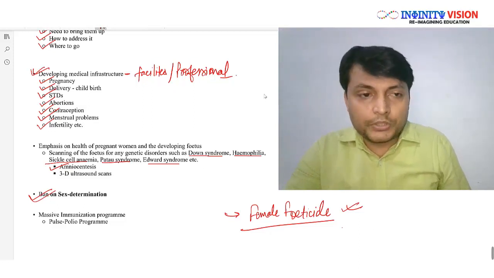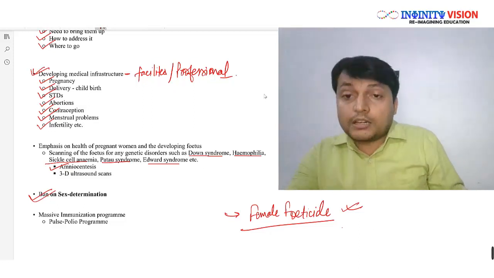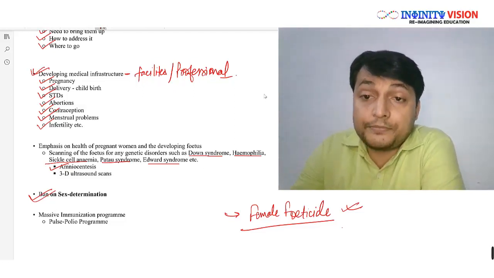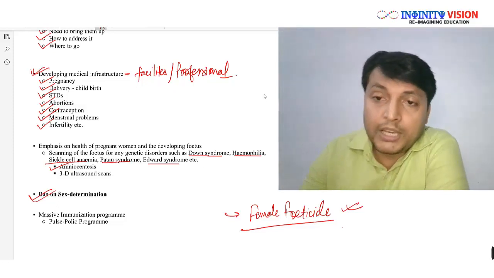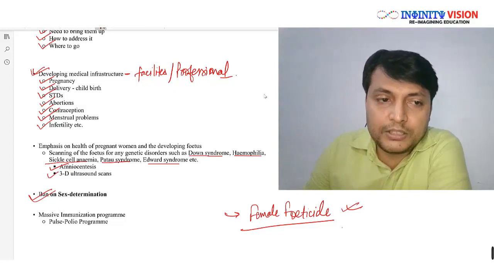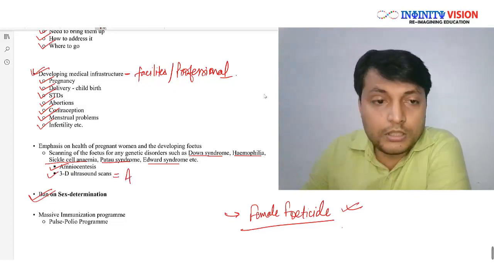Not only this, there are other methods as well by which one can figure out if the developing fetus has any genetic abnormality. One such method is the Anomaly Scan, which is basically a 3D ultrasound scan.